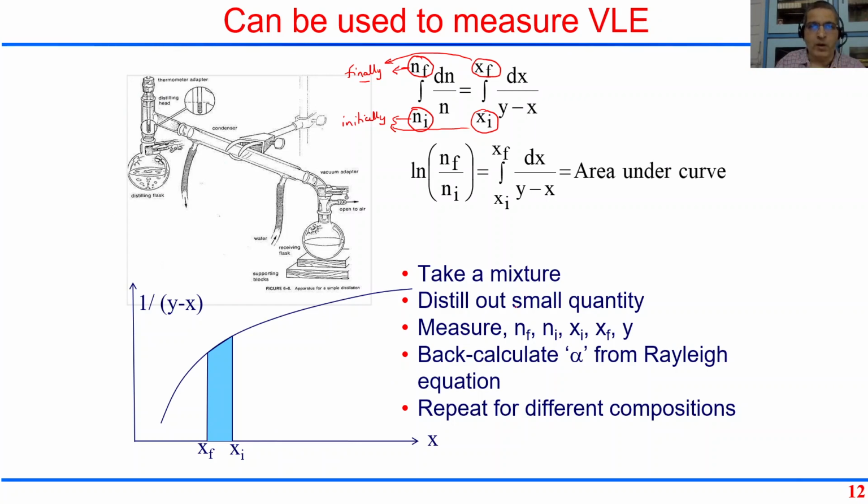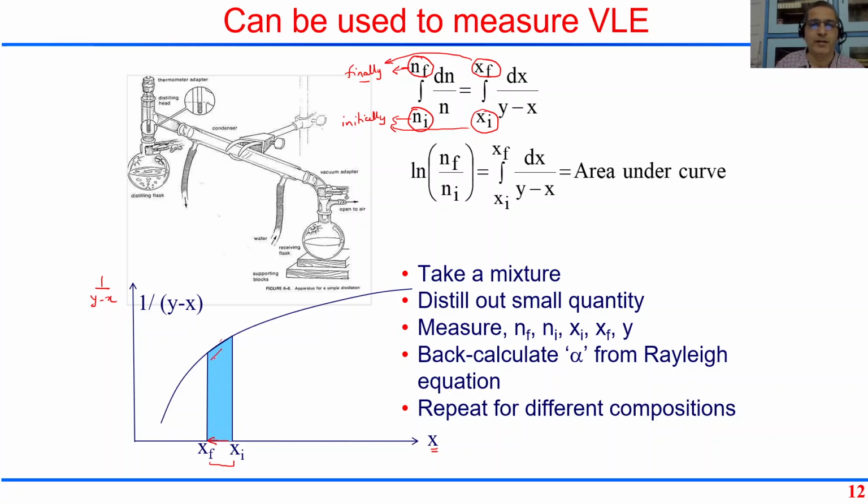So what I would need to do is plot a graph of x versus 1 over y minus x. So this is 1 over y minus x, that is the right hand side, and we integrate this from xf to xi. xf is reducing, so x is going towards left. We start with this initial xi and it is going towards this xf, right?